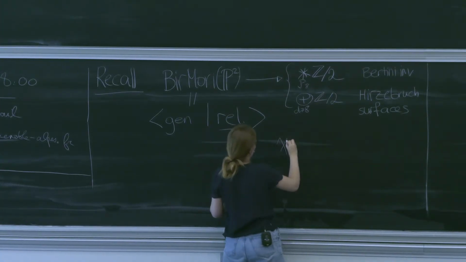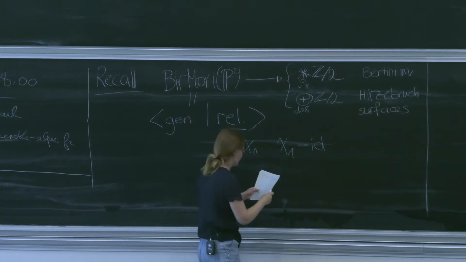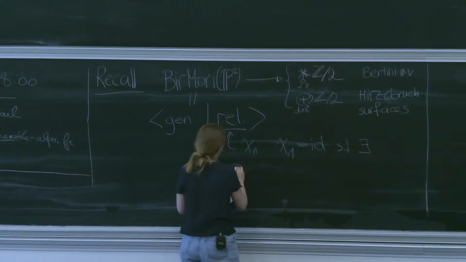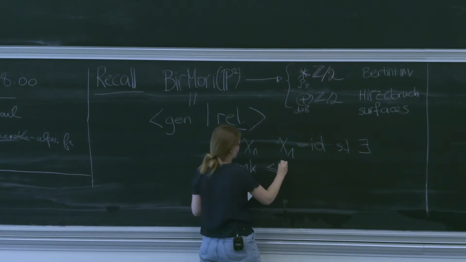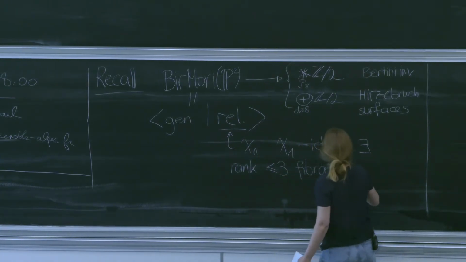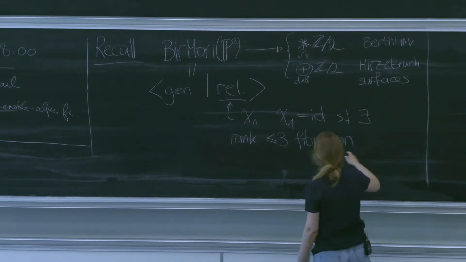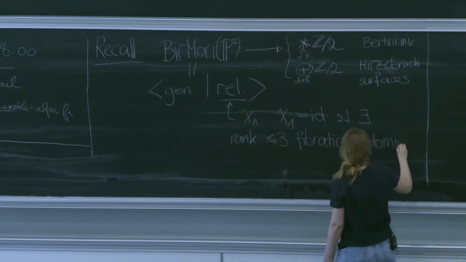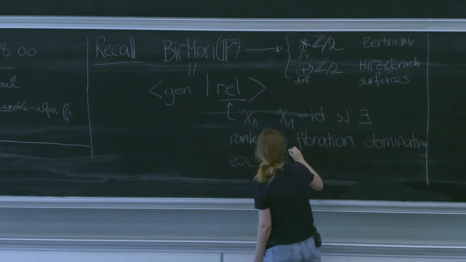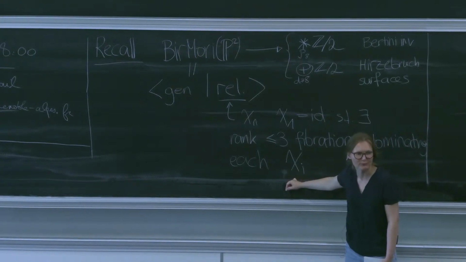Let's say chi_1 up to chi_n, a relation such that there exists a rank 1, 2, or 3 fibration that dominates each of these birational maps involved, each chi_i, where chi_i is either a Sarkisov link or an isomorphism of Mori fiber spaces.